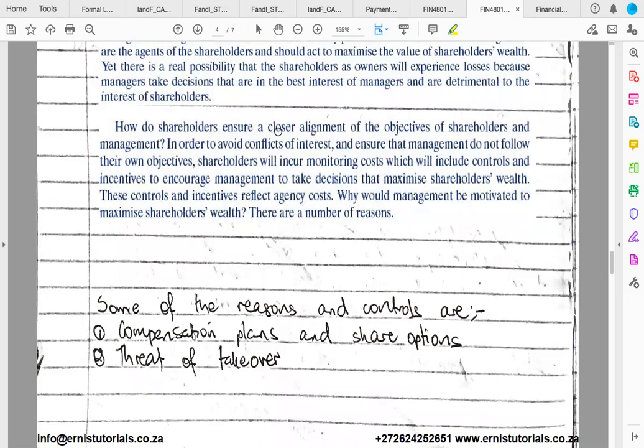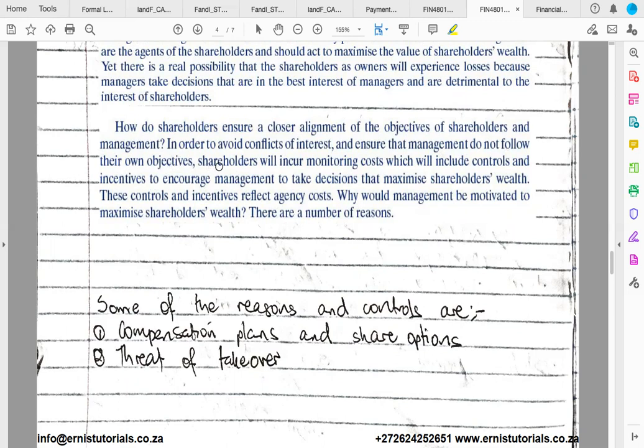So, how do shareholders ensure a closer alignment of the objectives of shareholders and management? How can shareholders make sure that management won't act to further their own interests as management rather than the interest of the shareholders?